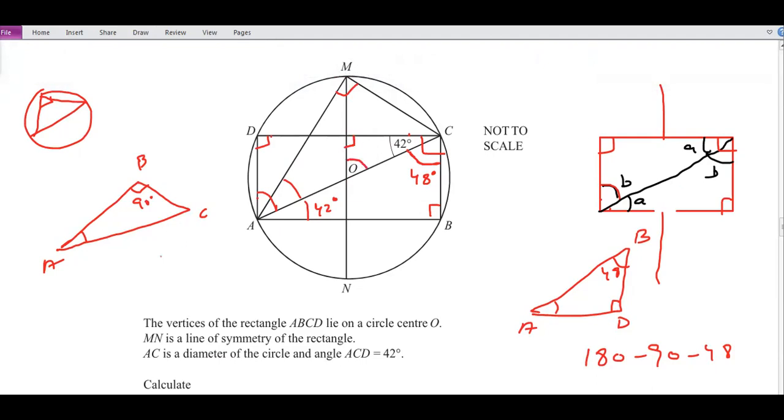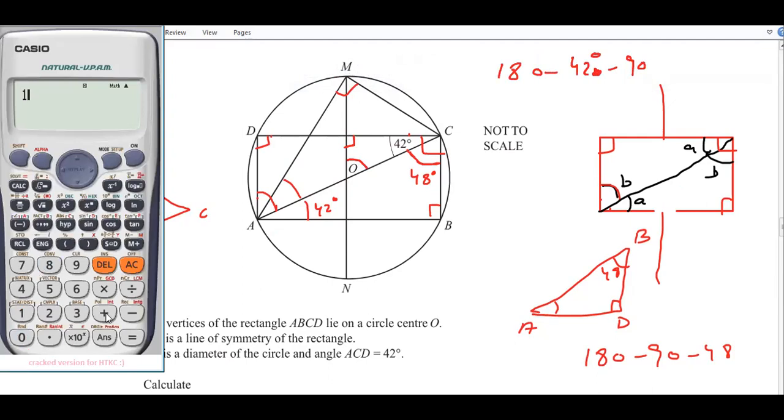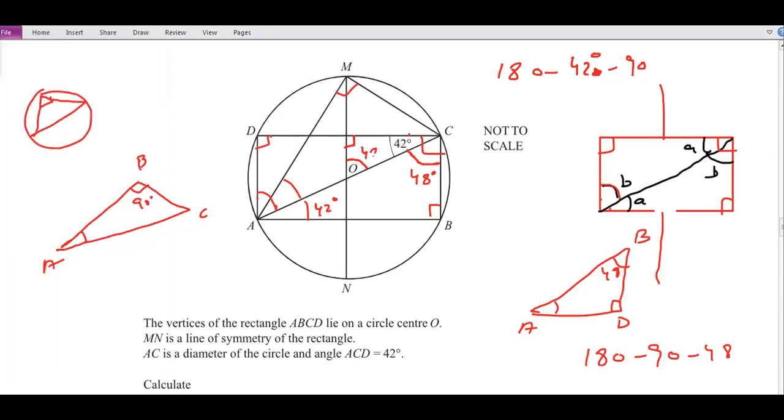So this is 90 degrees. Find this angle. For finding this angle, it will be 180 minus 42 minus 90. This is 42 degrees, okay? So 180 minus 42 minus 90 is 48. Okay, this angle is 48.